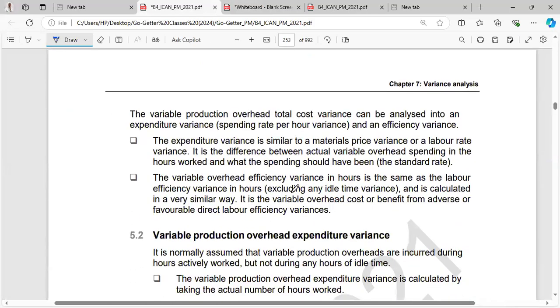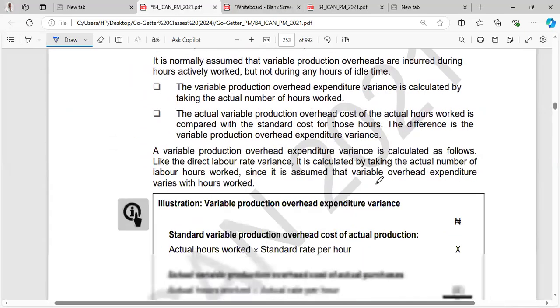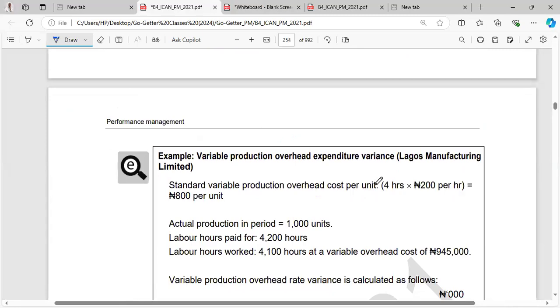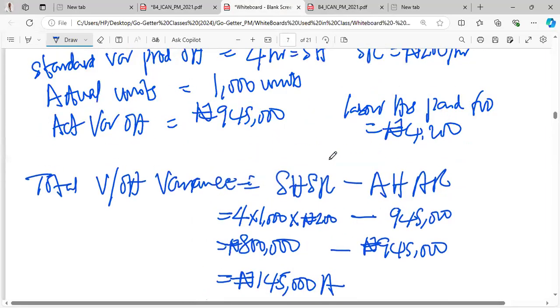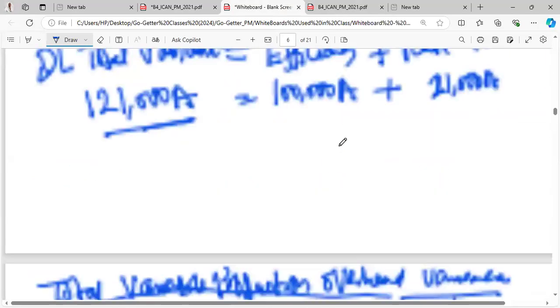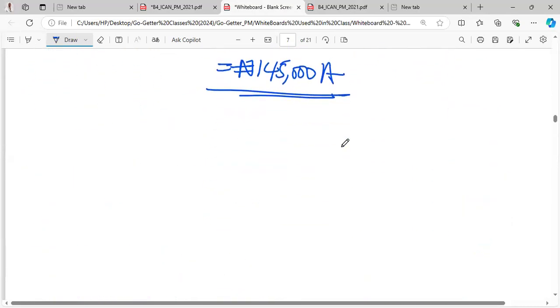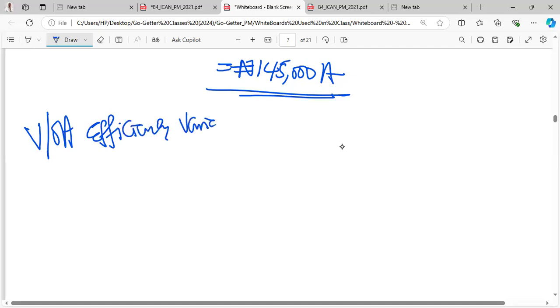Now this can be broken down into expenditure variance and efficiency variance. So let's do it our own way. We start with efficiency variance before we go to expenditure. So we can say variable overhead efficiency variance. We said it was standard hours, standard rate minus actual hours, standard rate.